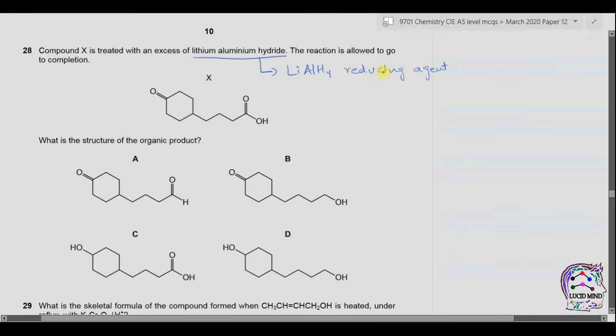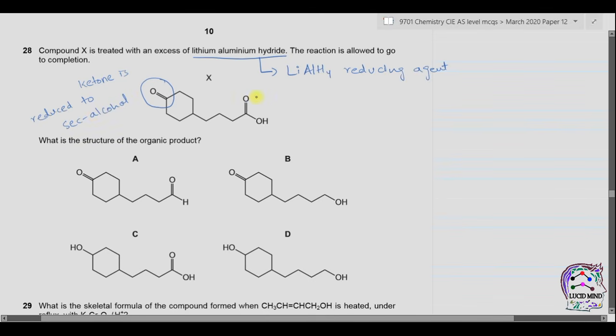So what does lithium aluminum hydride do? We have a ketone in our given structure. So the ketone is reduced to a secondary alcohol.